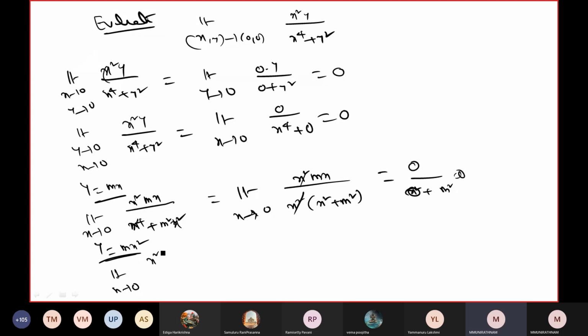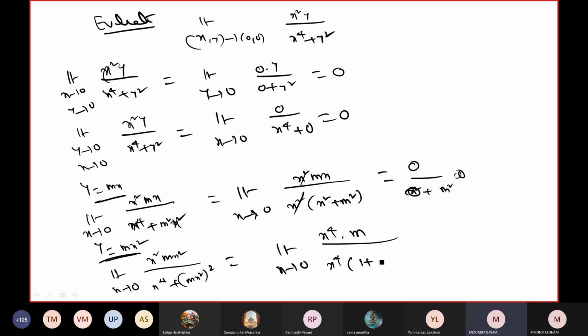So this is x square times mx square by x power 4 plus mx square whole square. So limit x tends to 0, x power 4 m by x power 4, taking the common factor, 1 plus m square. So this is nothing but again limit x tends to 0 of m by 1 plus m square, which is independent of x.